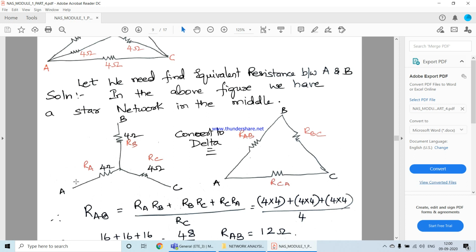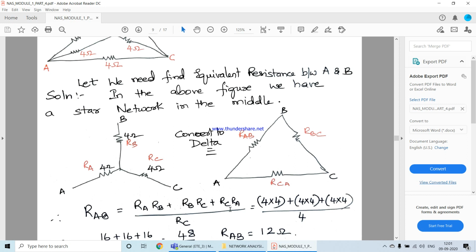Now RAB is between A and B, right? So you should see which is the resistance opposite to that RAB. The resistance opposite to RAB is this 4 ohms, which is RC. Okay, so for RAB, RC is opposite.